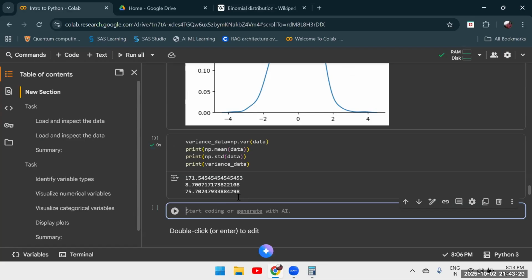So a binomial distribution, as we were saying, has three parameters. One is the number of trials, which is the number of times you are going to toss a coin. If you toss a coin 10 times, then your n will be 10.